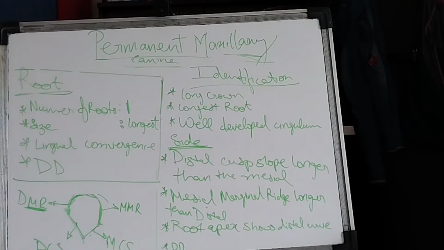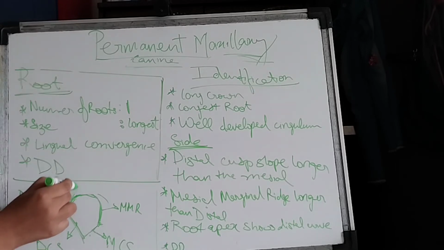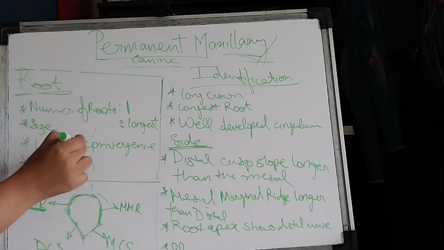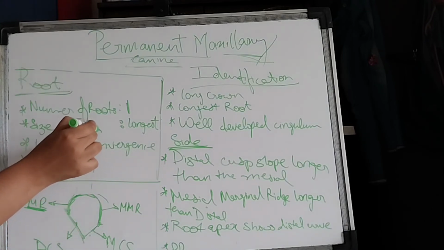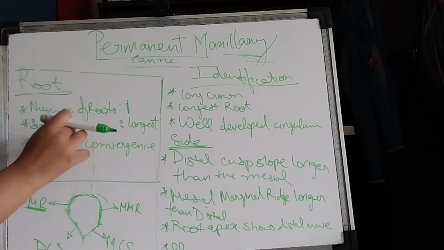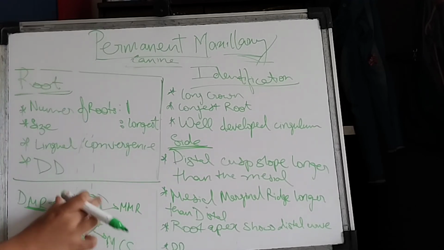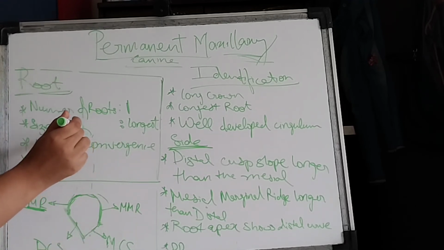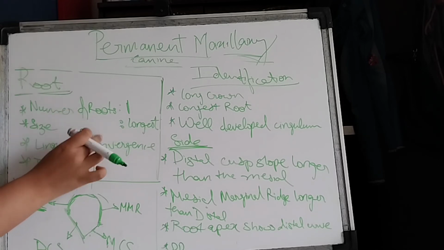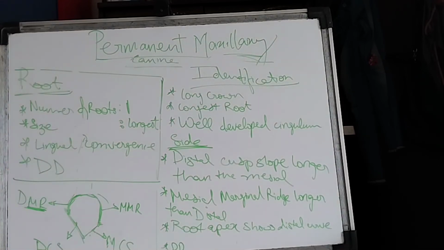Then a few more points: the root apex shows a distal curvature. When you draw the root over here, supposing this is the labial side, then distal will be here. So it is a bit labial, with a distal deviation like this.